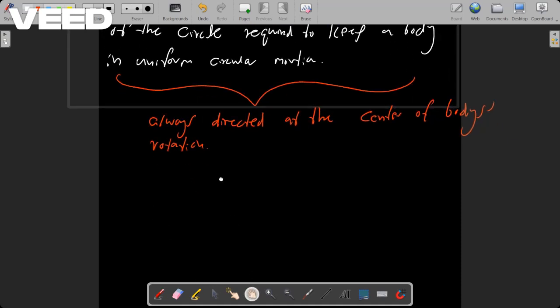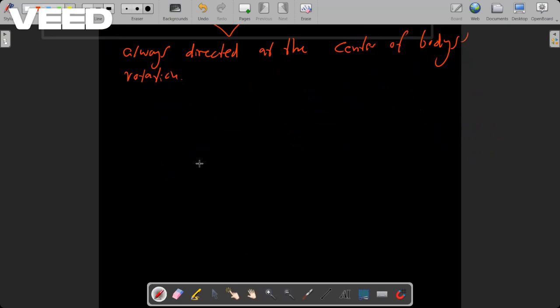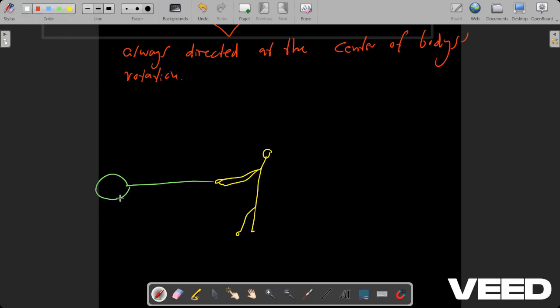Now if we have a person here, and here it is on a string, he is rotating this object around his body.